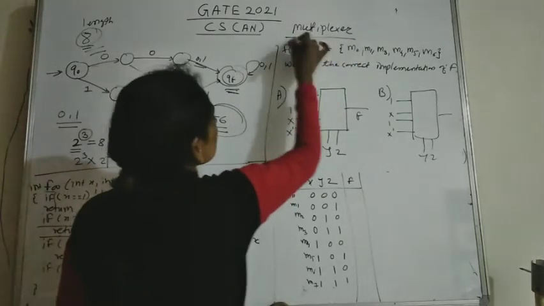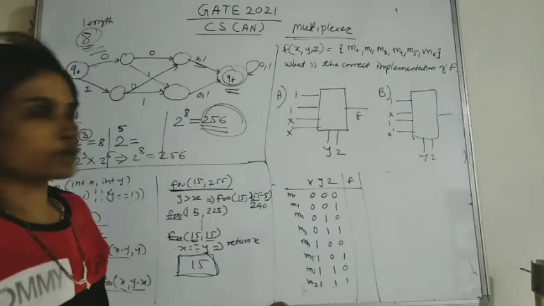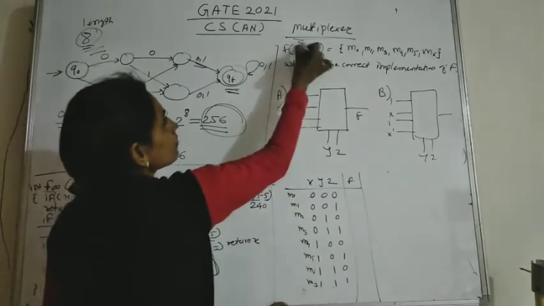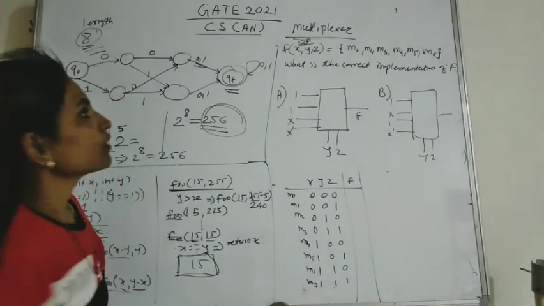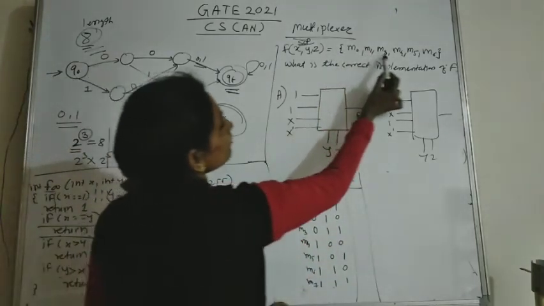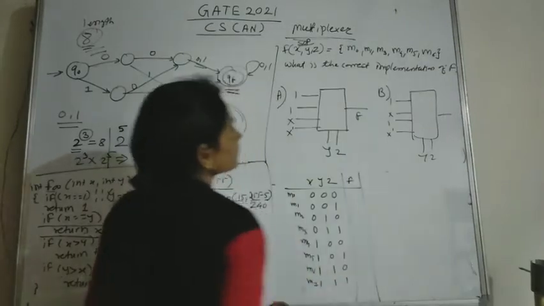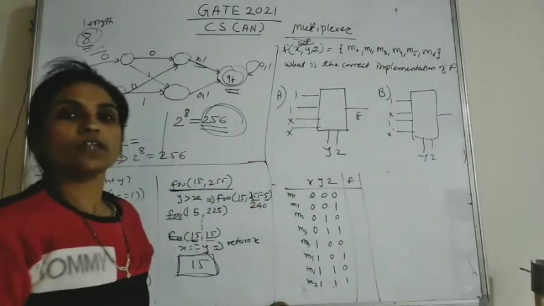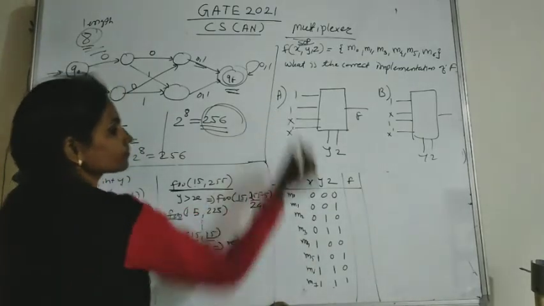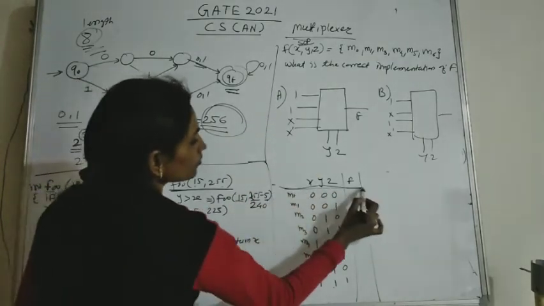Let's see another question. This is based on the multiplexer. So we are given the sum of product equation x, y, z. Min terms are given: m0, m1, m3, m4, m5 and m6. So what is the correct implementation of this given function f? So to solve this, we have to construct the truth table for this.